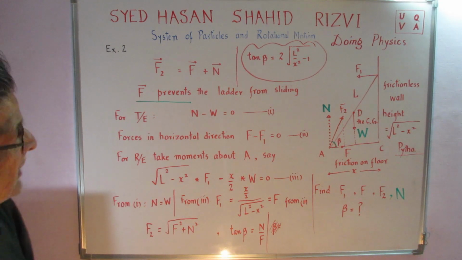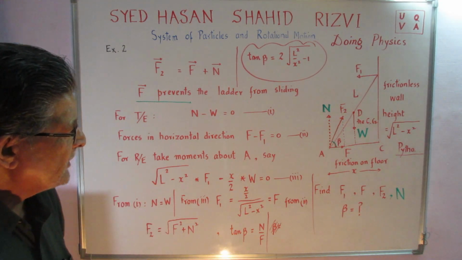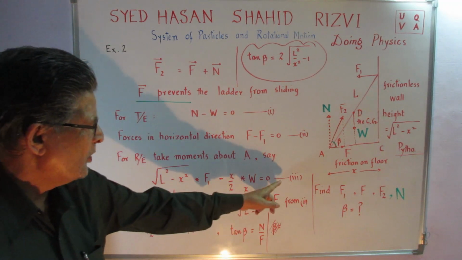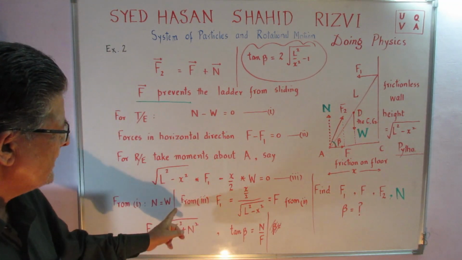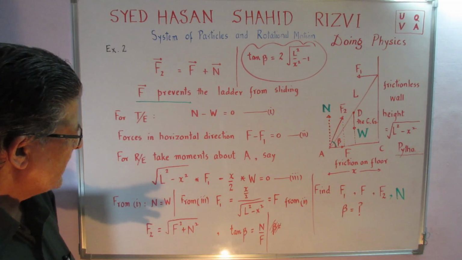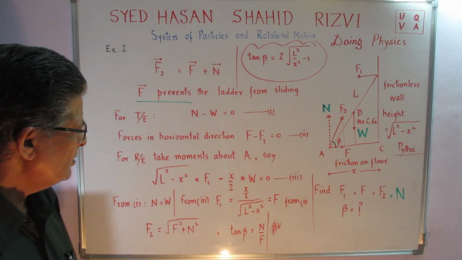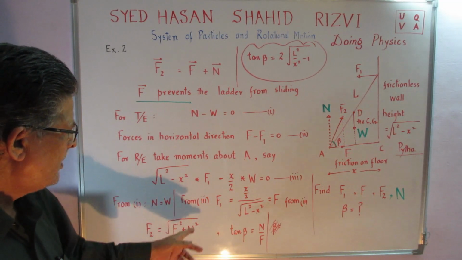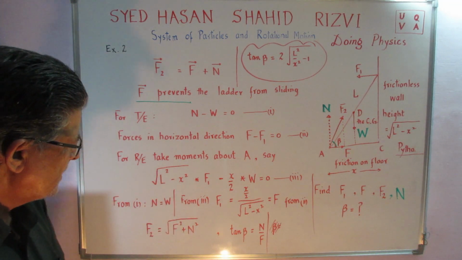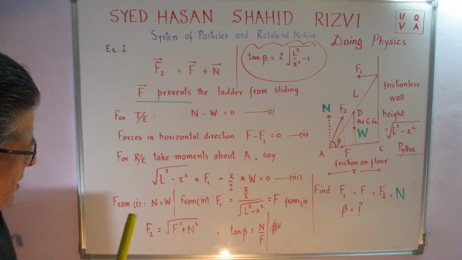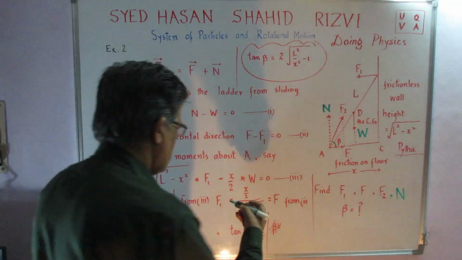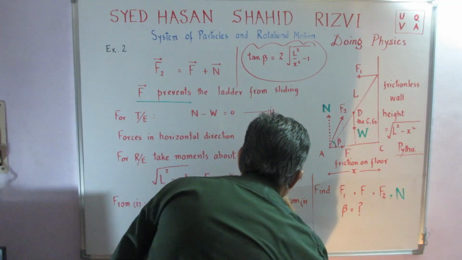From equation number 3, I can calculate the value of F1, which turns out to be equal to x over 2 and this and that into W.